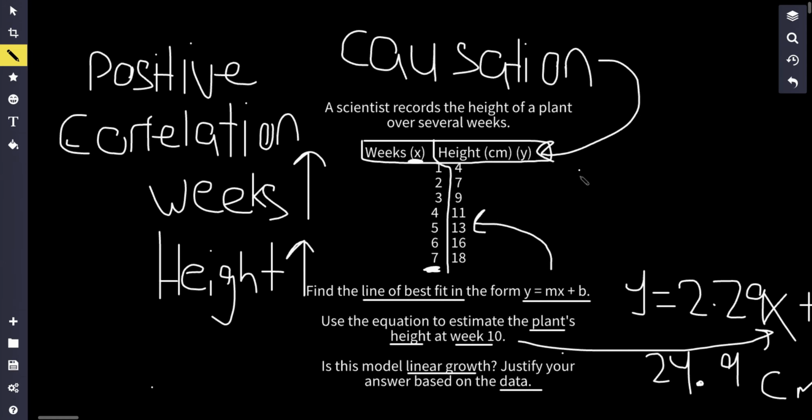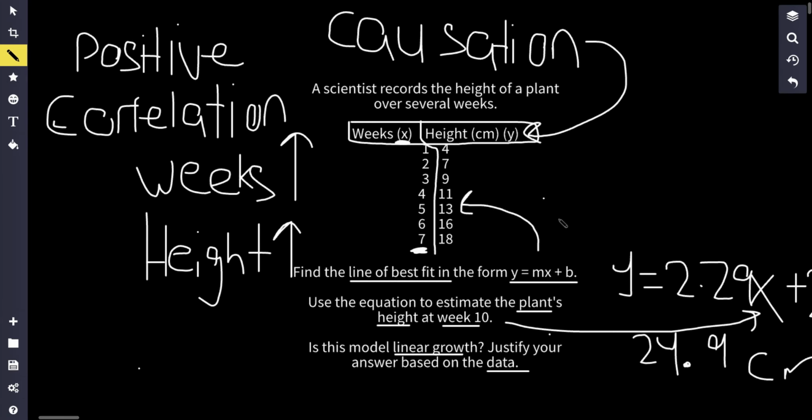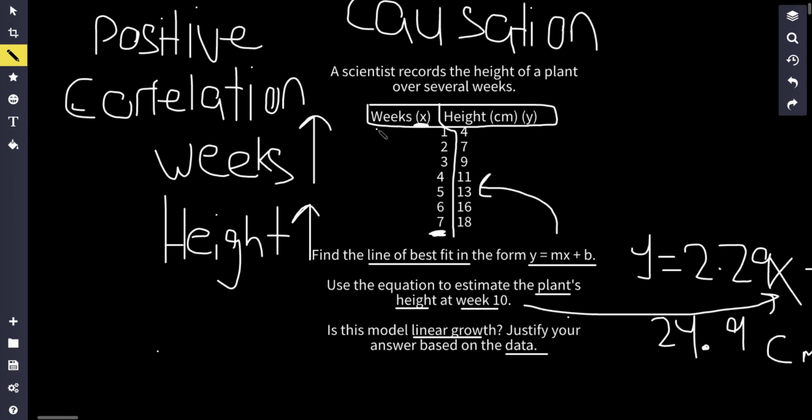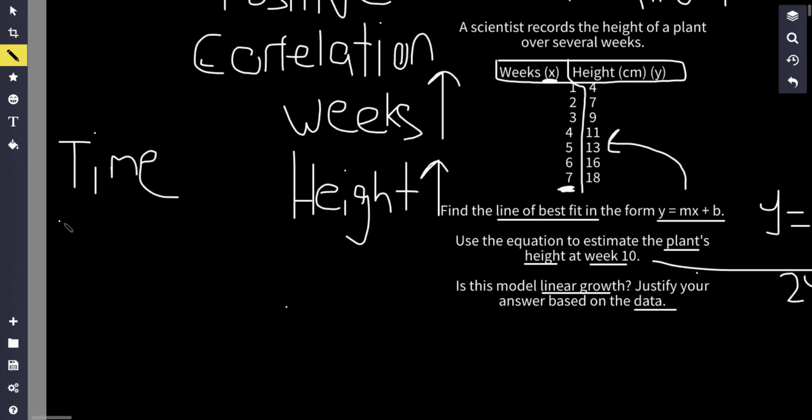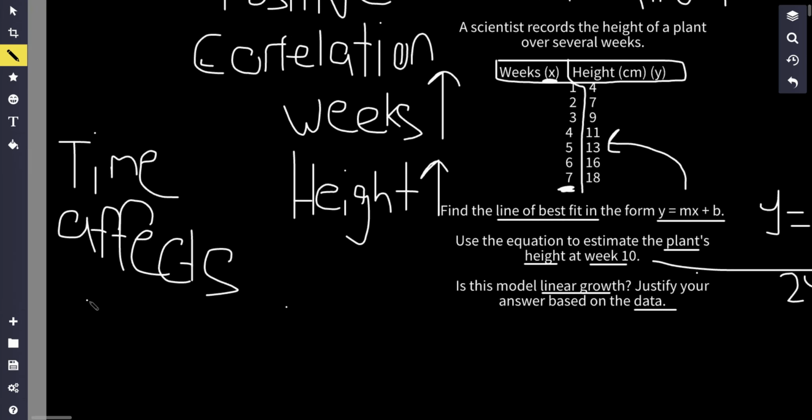Feel free to pause the video and answer this. Well, this data shows that as the number of weeks increases, the height of the plant increases. So does that mean that time affects plant height?